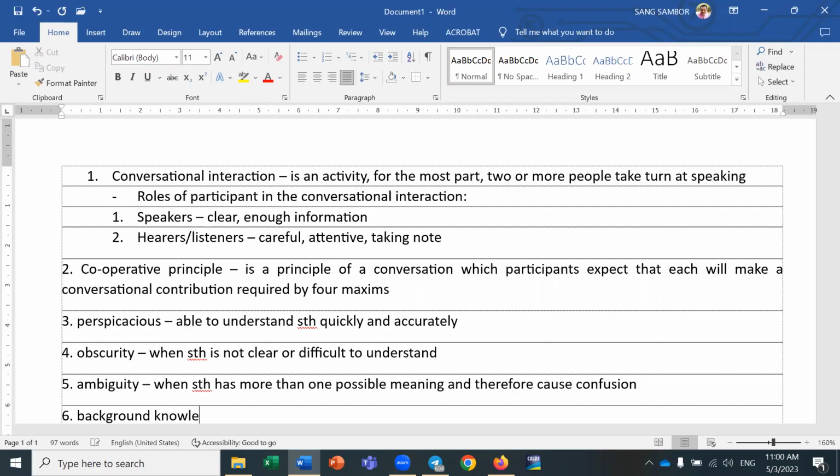Background knowledge is information that is essential to understanding a situation or problem.